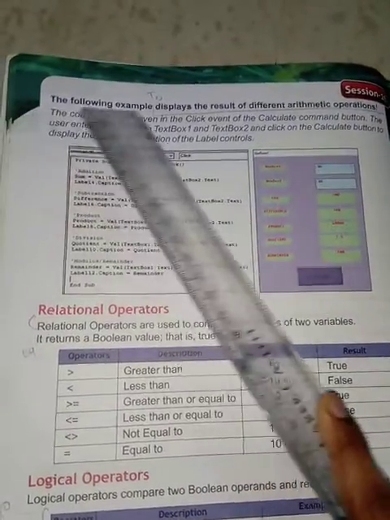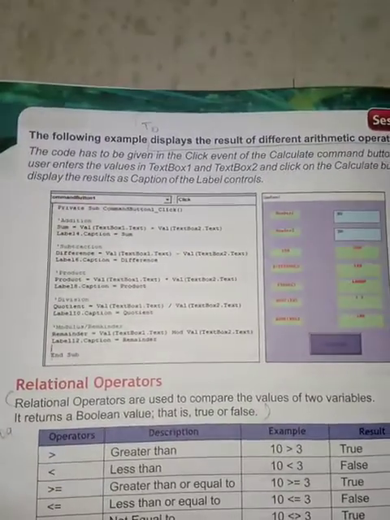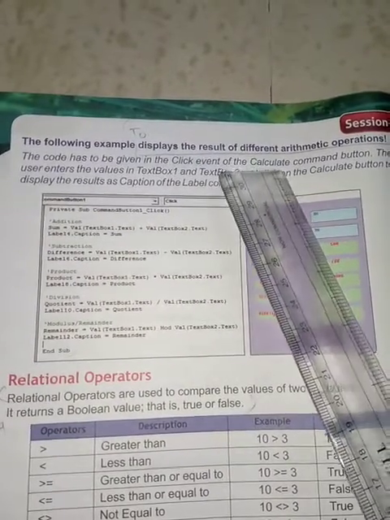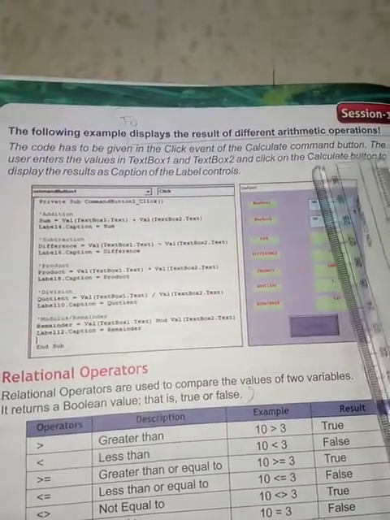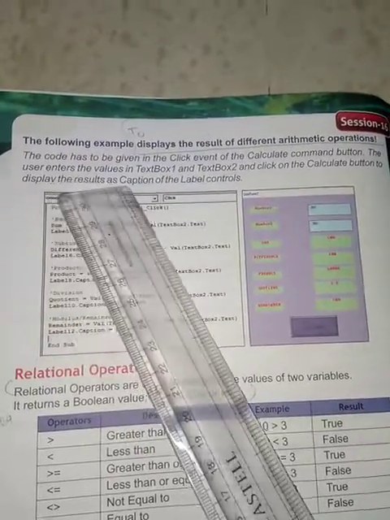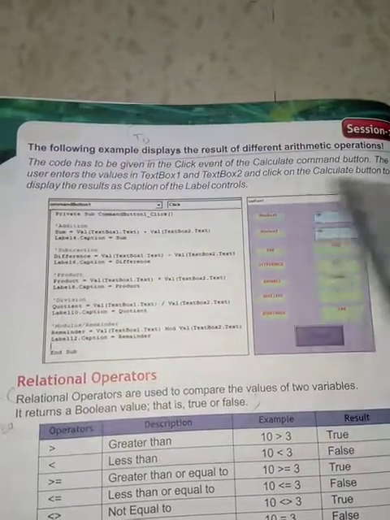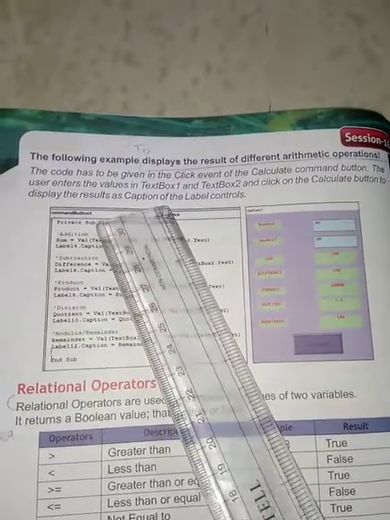Next, the following example displays the result of different arithmetic operations. Okay, let us see. The code has to be given in the click event of the calculate command button. The user enters the values in text box 1 and text box 2 and clicks on the calculate button to display the result as the caption of the label controls.